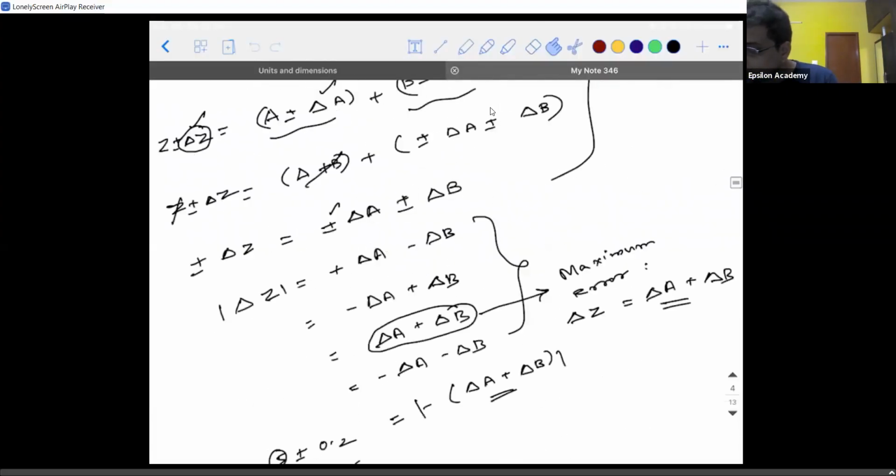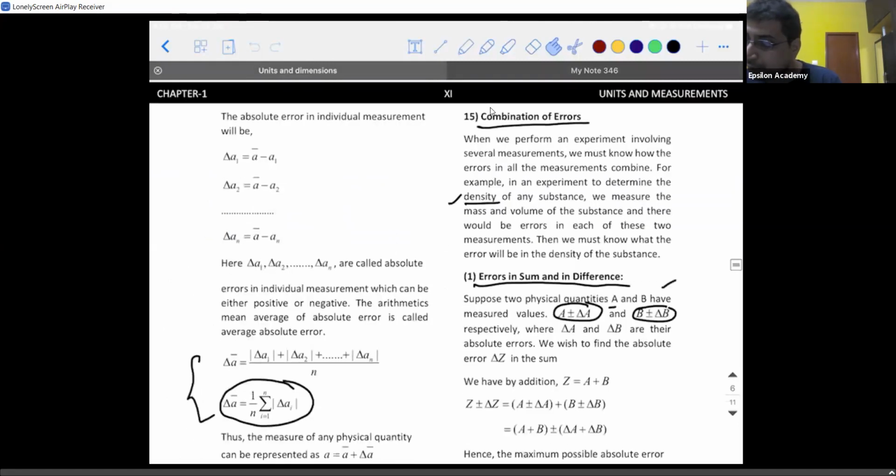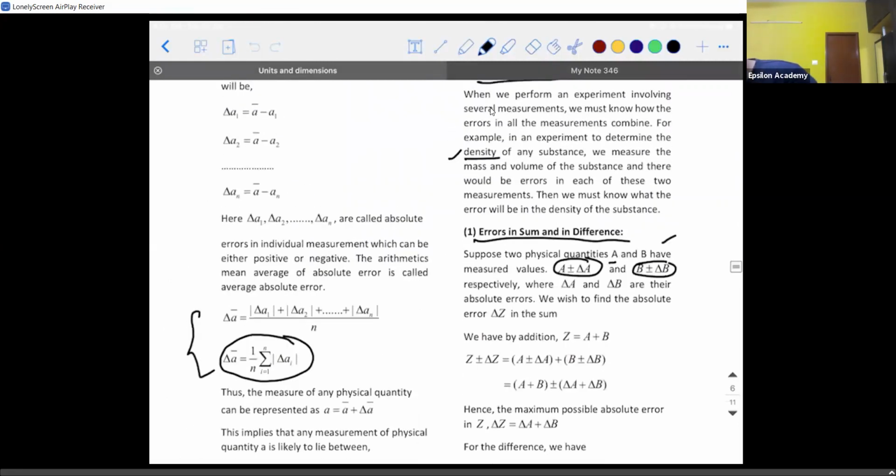So we were discussing errors. After that, we started with combination of errors, right?